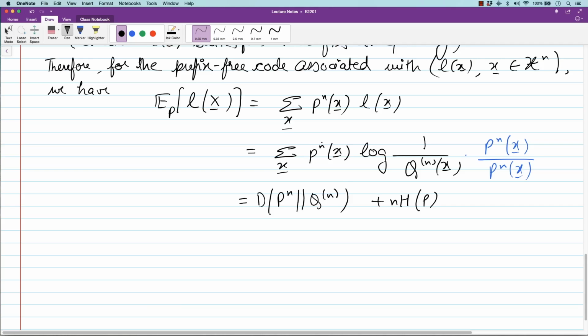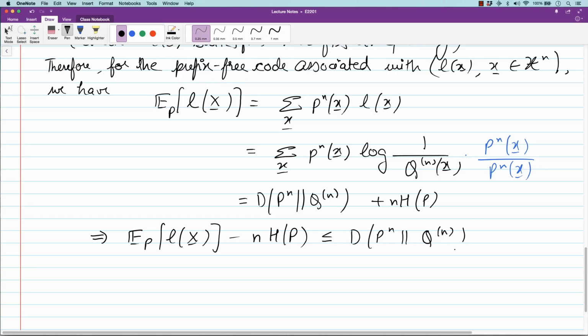So what you have shown is that this average length from the scheme under P minus the best that you can get under P is less than or equal to D(P^n || Q^n).